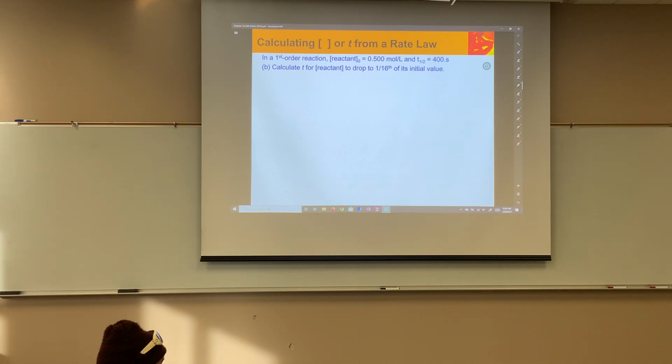So, where'd you get this from? I don't think you're that far off. Remember, whenever we're starting a problem like this, you've got the right equation, so we know this is what we have to use. This is our initial concentration, which we have up there, the 0.5. So this should be 0.5 here.